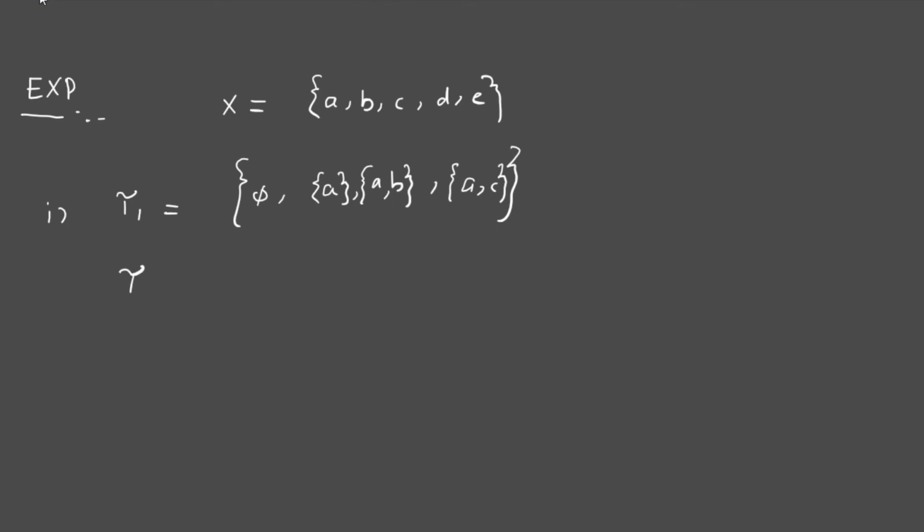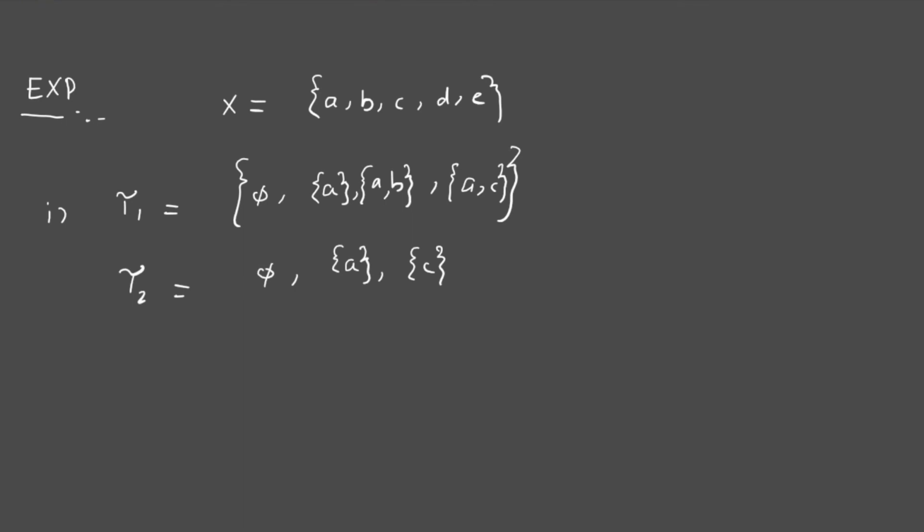And we are taking another collection, tau2, in which we take phi, A, C comma D.